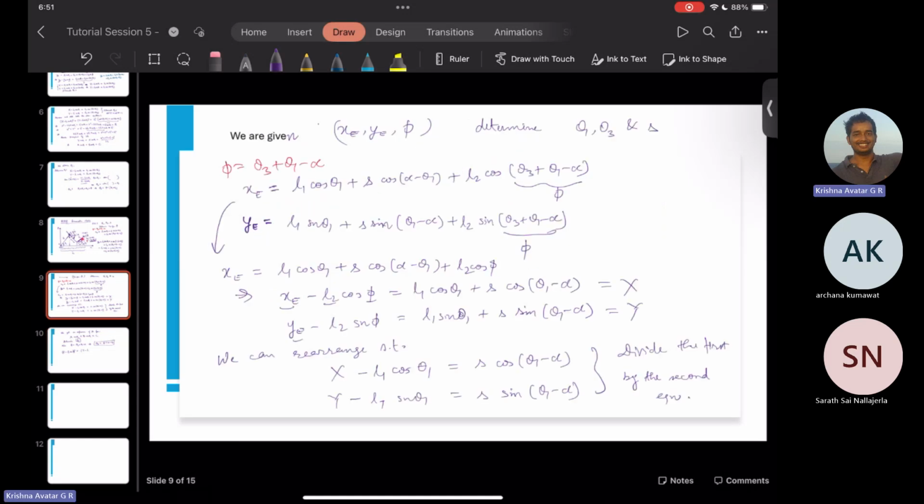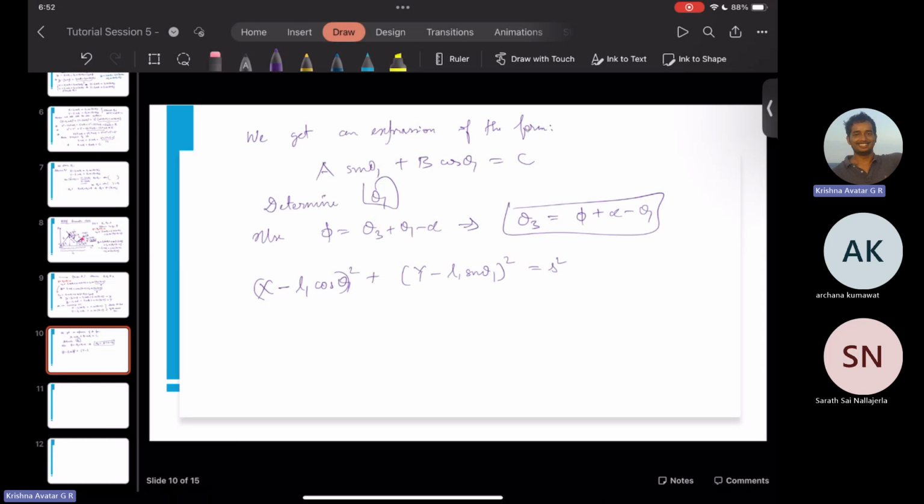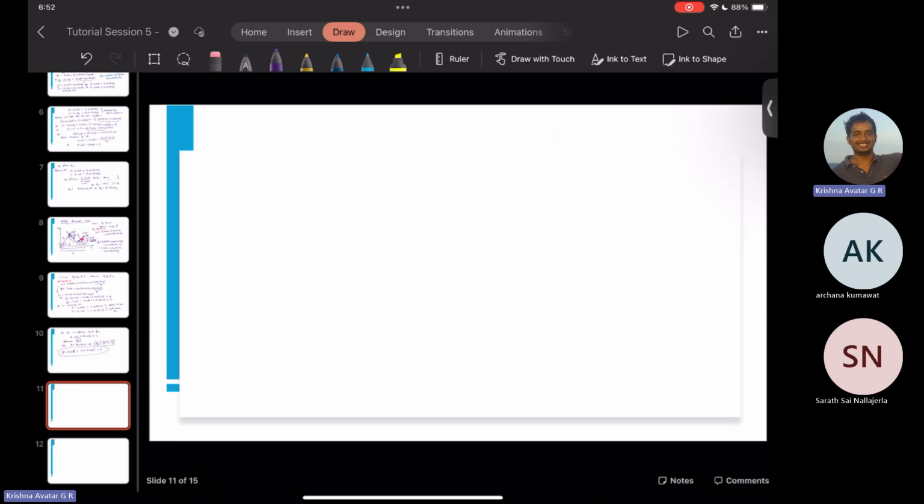Just by summing, and then we have this expression for S as well. So that's how it is. Fine. Now let's go to the other types of closed chain robots.